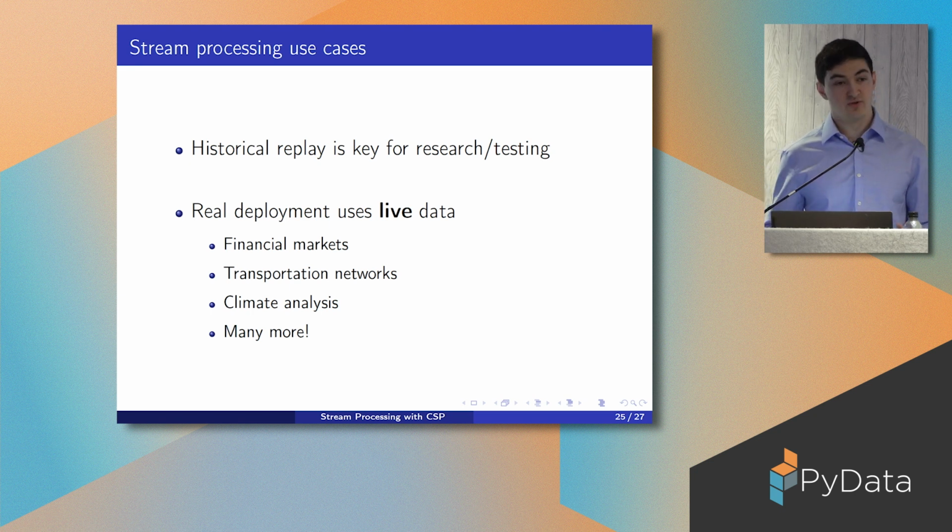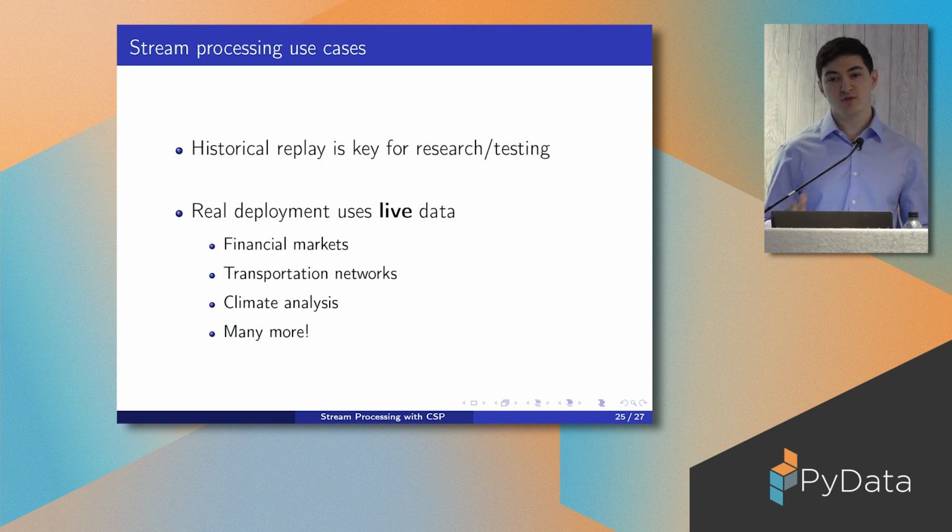The actual deployment you use, though, is going to use live data sources, which are streaming in actively. A couple industries where this is often the case are, first off, financial markets. You get lots of live price data from many different exchanges, and coordinating and transforming that data is pretty crucial. In transportation networks, you'll have multiple vehicles in a fleet, which you might be coordinating at some central processing source.